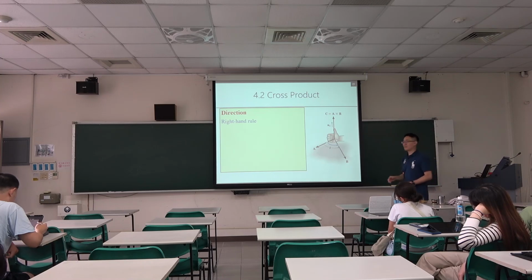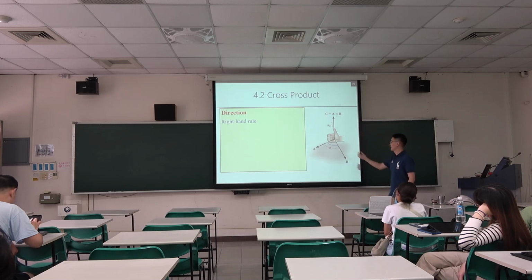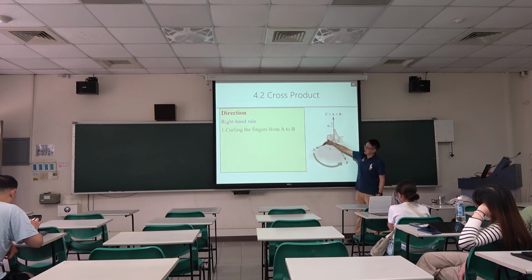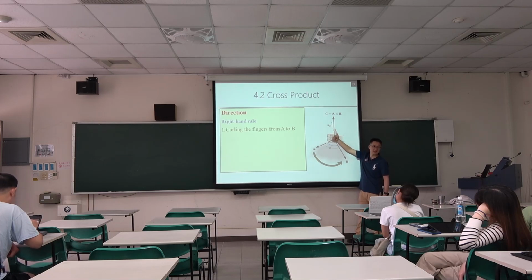For the cross product, we still apply our right hand. A cross B: the direction of A rotates toward the direction of B, and A cross B gives us the third direction.